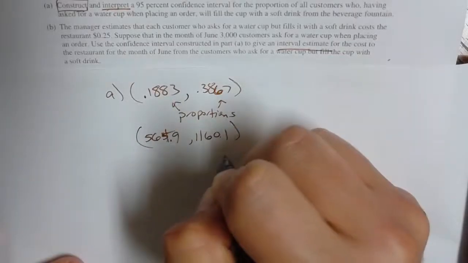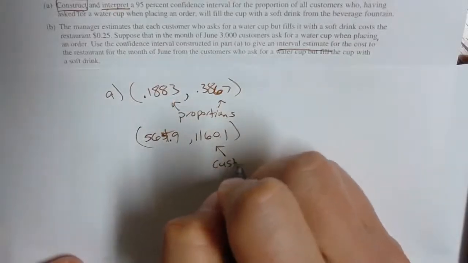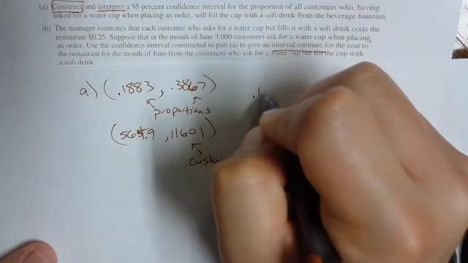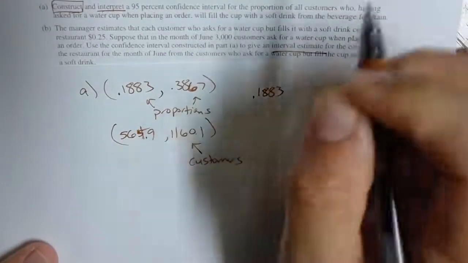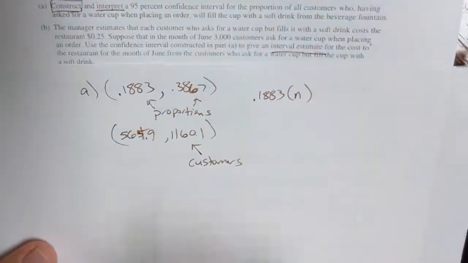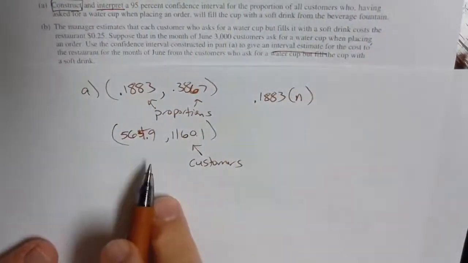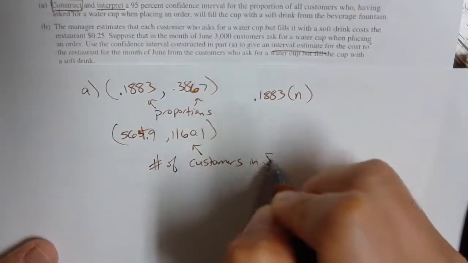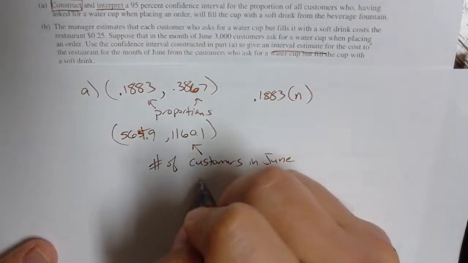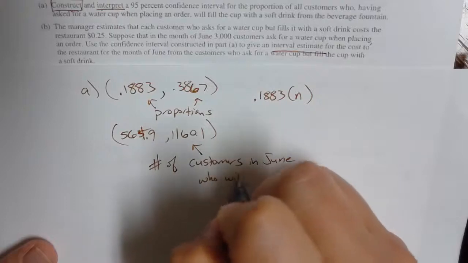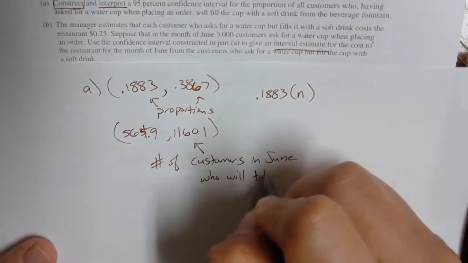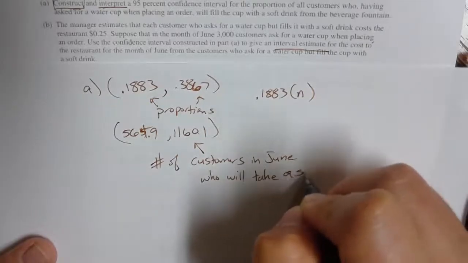So these, oops, I should have written down how I got that, are customers. So we can take our proportion and multiply it by n. So this right here is giving us an estimate for the number of customers in June who will take a soft drink.